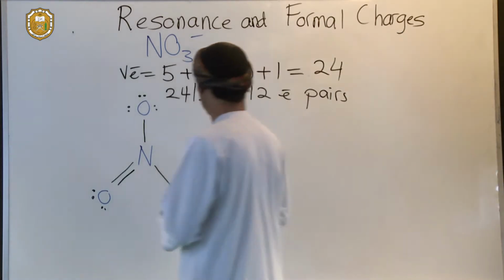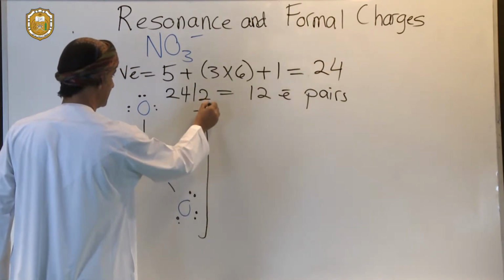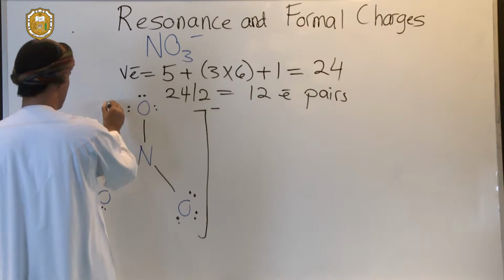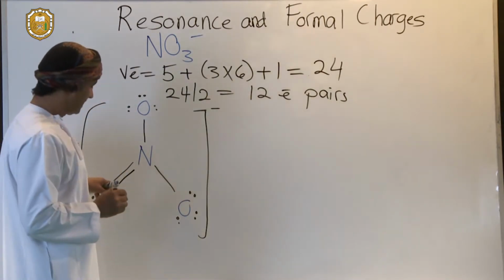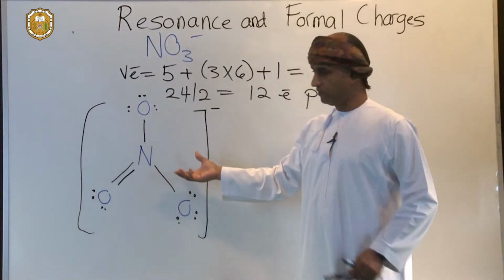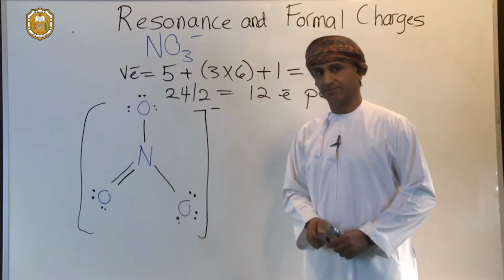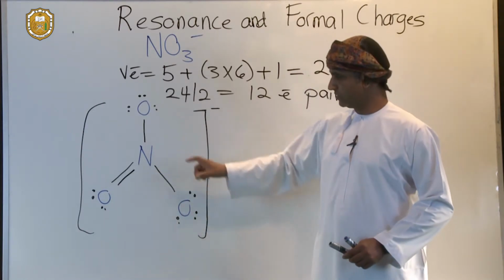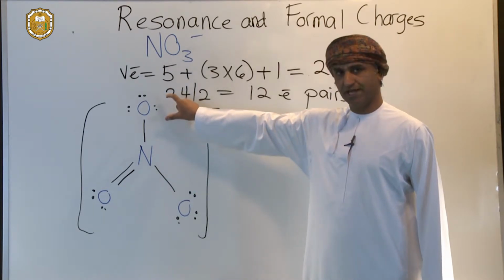What's next is to draw this Lewis structure between square brackets, and we put the negative charge outside the square bracket. Now, if you look carefully at this Lewis structure, you will see that the double bond is between the central nitrogen atom and that oxygen atom. What if we draw a double bond between the central nitrogen atom and that oxygen atom at the top?